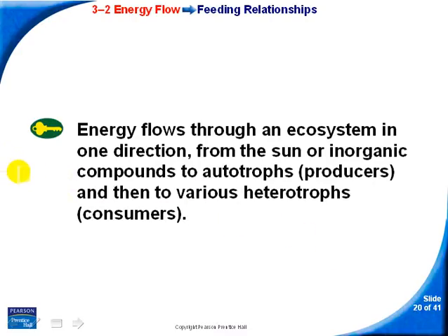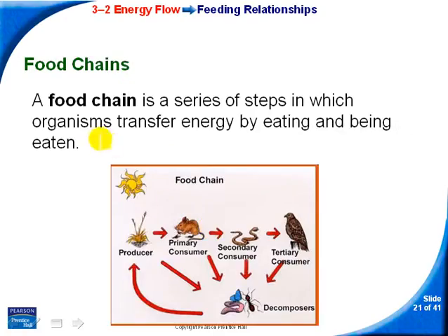Here's the general key to this: energy flows through an ecosystem in one direction. It usually starts with the sun or other inorganic compounds, think of the thermal vent. It goes to the autotrophs, and then the autotrophs are eaten by the heterotrophs, in other words, the consumers.